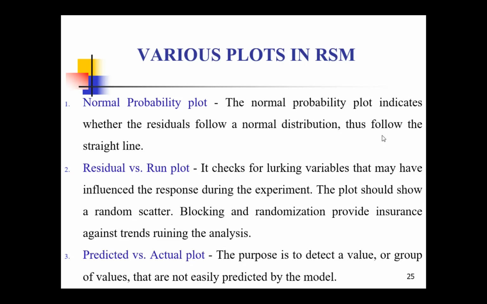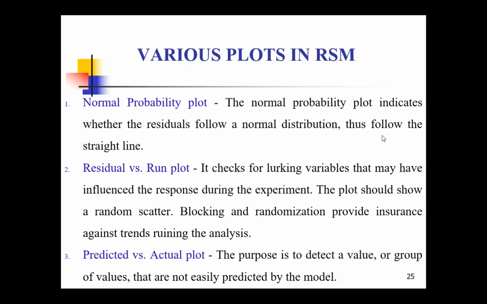Then the predicted versus actual plot. What is my predicted value? What is my actual value? That I am going to plot. Thereby we can identify how close the prediction is possible with the developed model. So how are we going to improve the developed model?